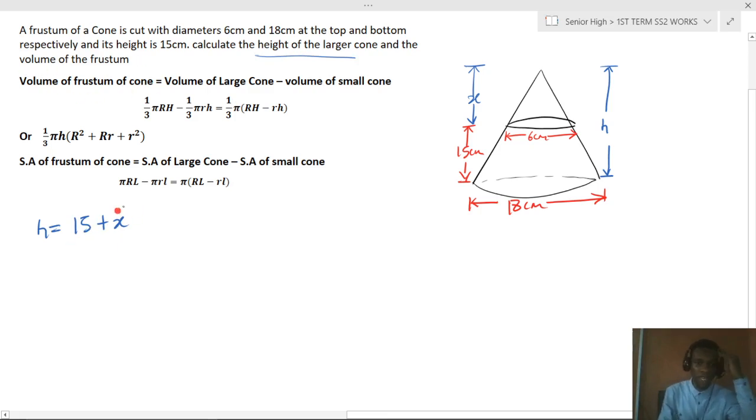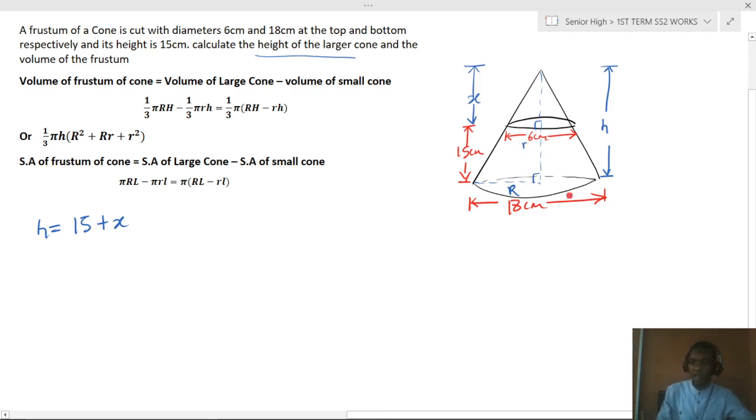Now, how do we get the height? Remember, we did something like this initially. The first thing we have to find is the radius. And why do we look for the radius? Because we want to split this thing into right angles, at this point and at this point. Once you divide the diameter into two, the half part will be the radius, the big radius and the small radius.